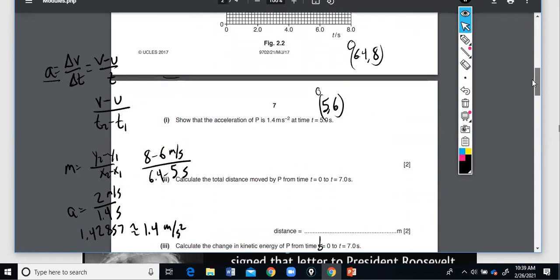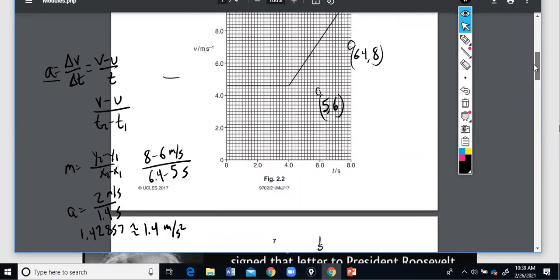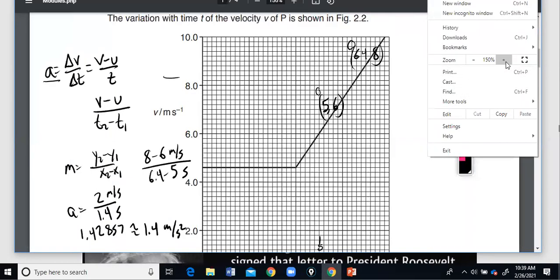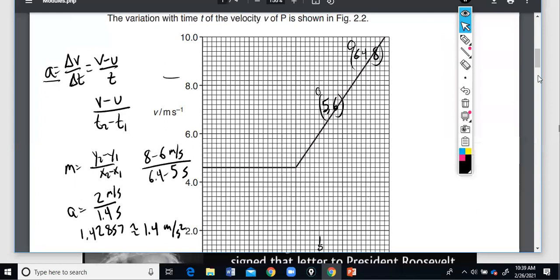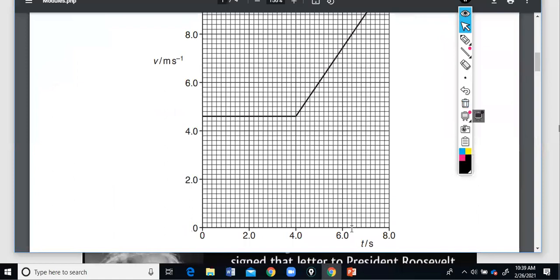1.4. Calculate the total distance moved by p from 0 to 7. So now we need the distance moved. All right, so 7 seconds is 6.24687, right there.